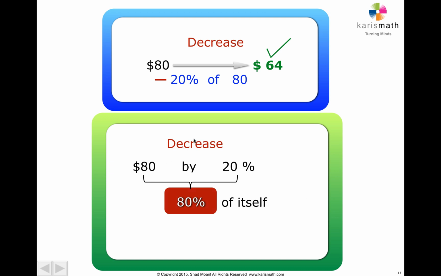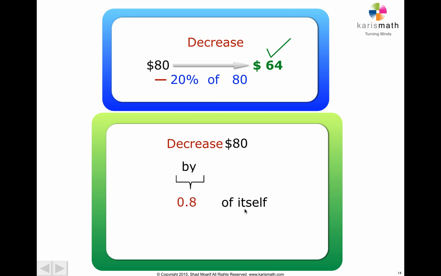So let's take 80% of $80. That means 0.8 times 80.